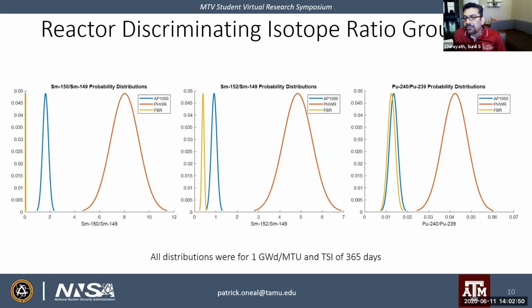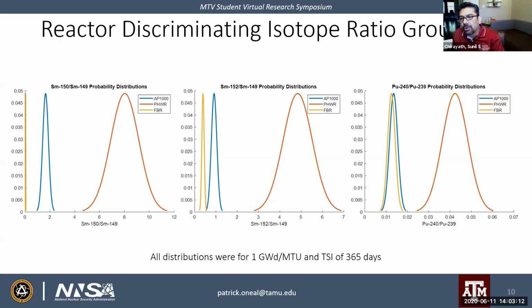The spectral difference, as Dr. Vehi correctly pointed out, is that samarium-149 production results in samarium-150 because of the higher absorption of samarium-149 into producing samarium-150. So these isotope ratios were selected from that perspective.